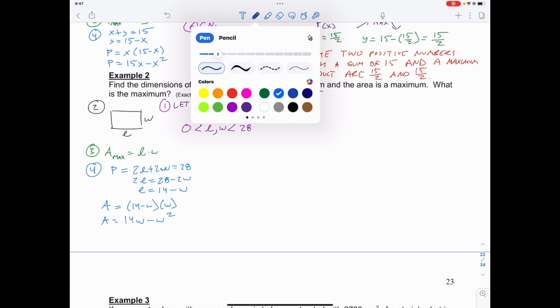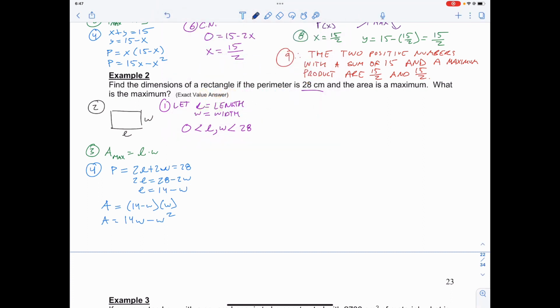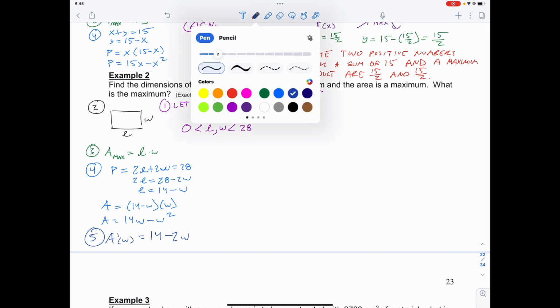When we get to step 5, we must derive. A prime of W is going to equal 14 minus 2W. And then we're going to use this for our critical numbers.